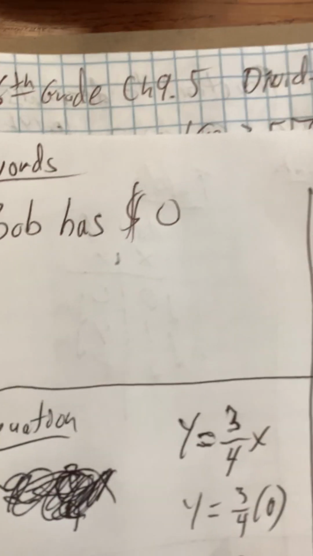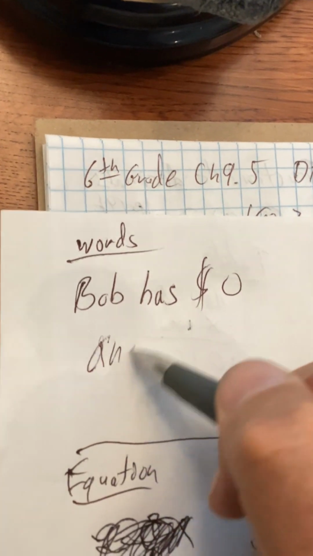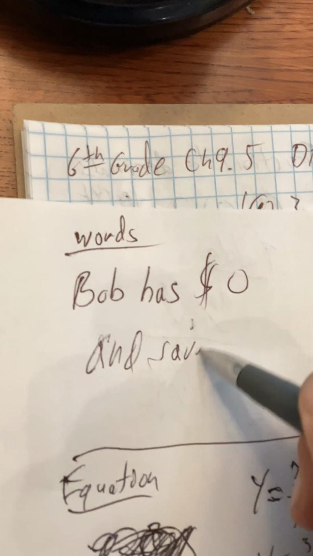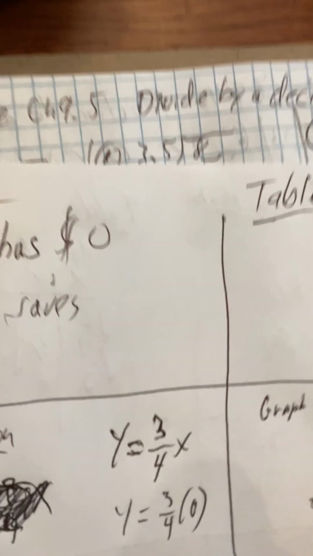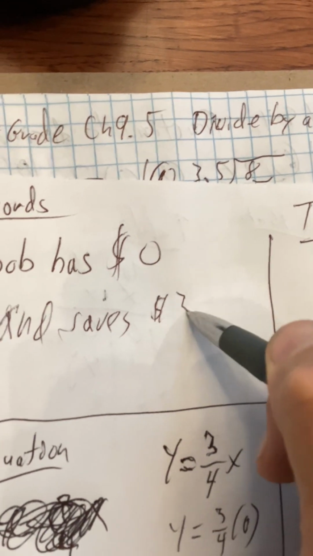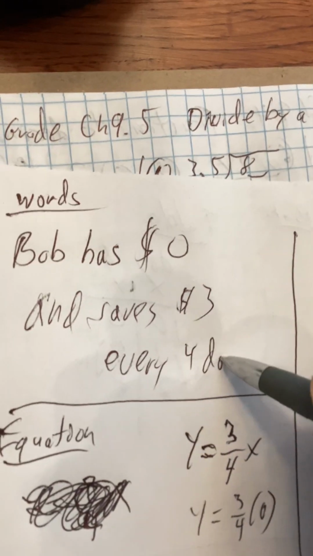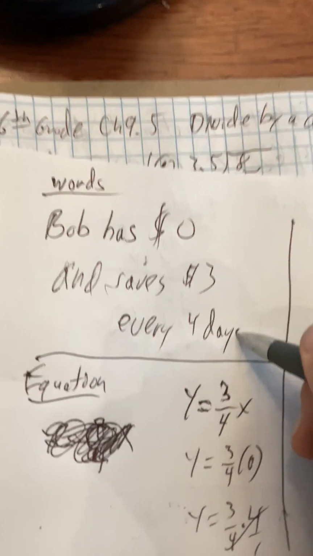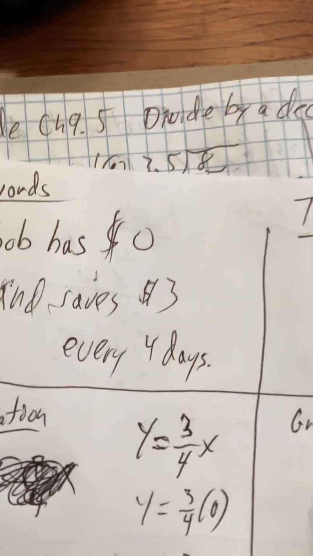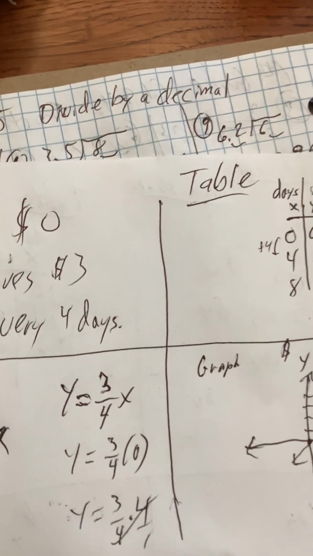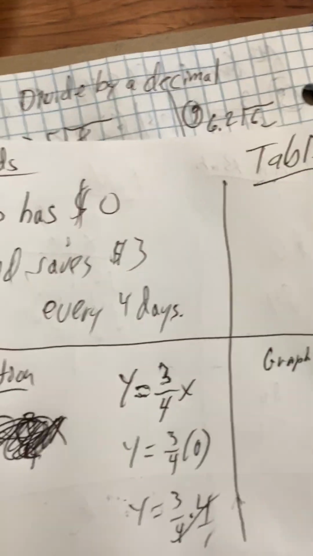So Bob has $0 to start with and saves, how much is he saving? He's saving $3 every 4 days. Or you could say he's saving 75 cents a day, right? Isn't 3/4 75 cents? That's another thinking Bob, proportional.